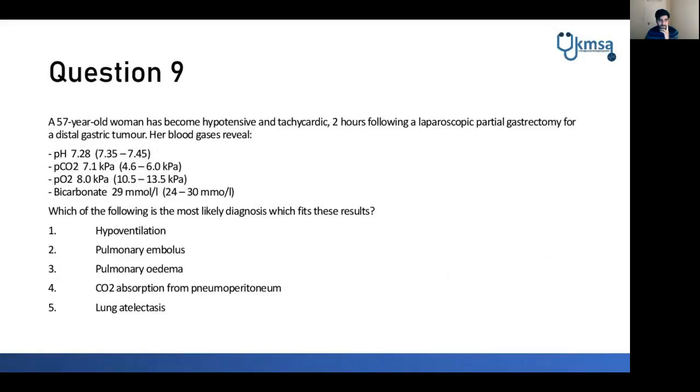A 57-year-old woman has become hypotensive and tachycardic 2 hours after a laparoscopic partial gastrectomy for a tumor. Her blood gases are as follows, and what's the most likely diagnosis? This one I might get you guys to do just because it's the last one and it takes some calculation. So just take your time with it. You can see the acid-base disturbance on screen there, and you can answer what you think.